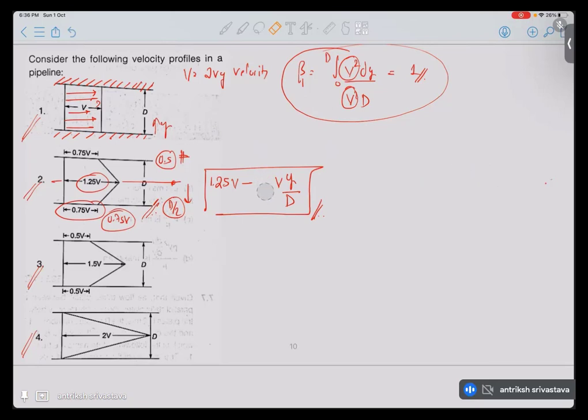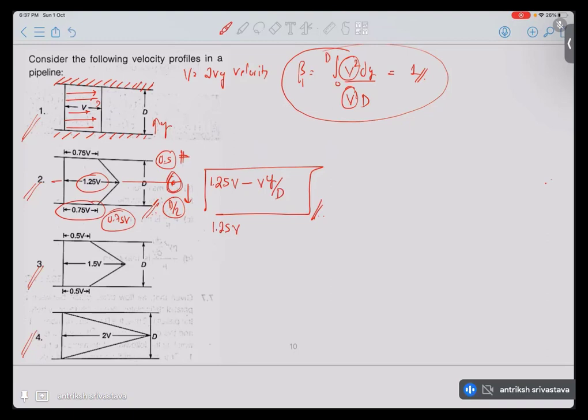So what do we have to do to correct it? We have to write 1.5v minus v y by d. Now if you put y equal to 0 at the center, you have 1.5v.